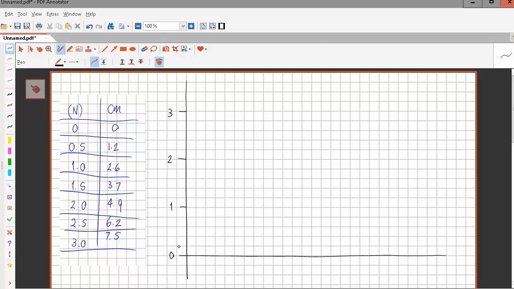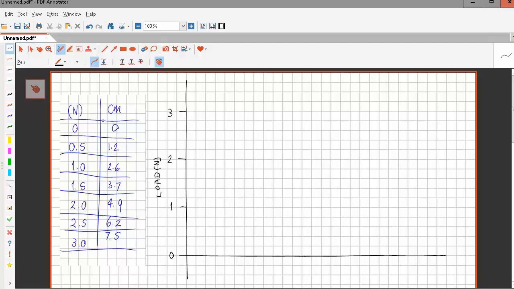So each square will represent 0.2 of a newton. So I will label my axis load in newtons.